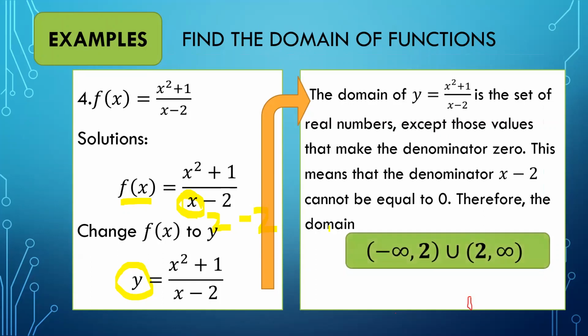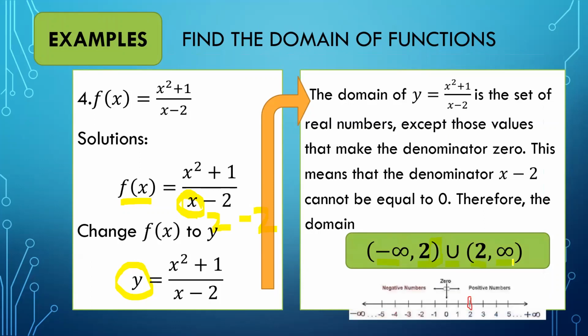So in set builder notation, we write that as negative infinity to positive 2, but again, excluding 2. So we use this notation, union 2 to positive infinity. So in a real number line, we have this one, from negative infinity to 2, but not including 2, then union 2 to positive infinity.